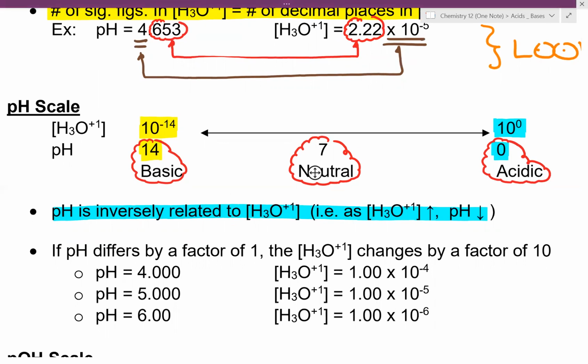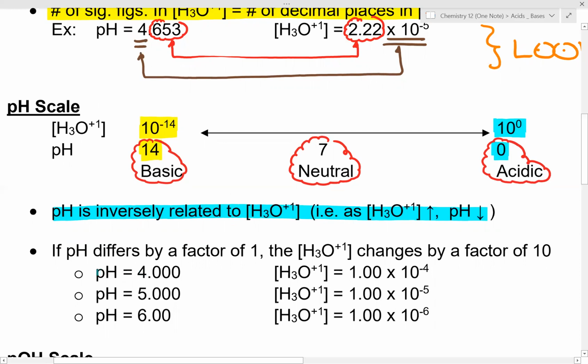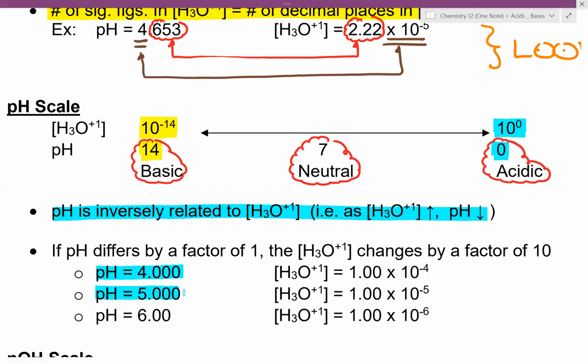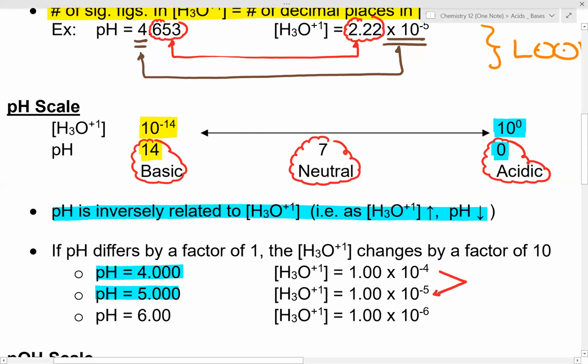Notice in this particular case, if I go from a pH of 4 to a pH of 5, notice the value of the exponent. Notice it's a 10-time change. Okay. Now, oops, I forgot to put a 0 here.